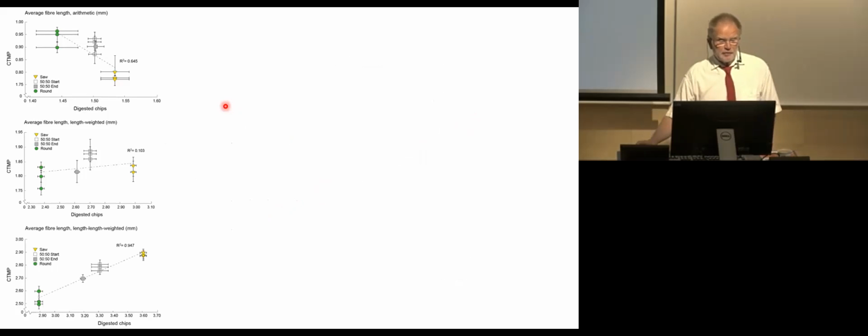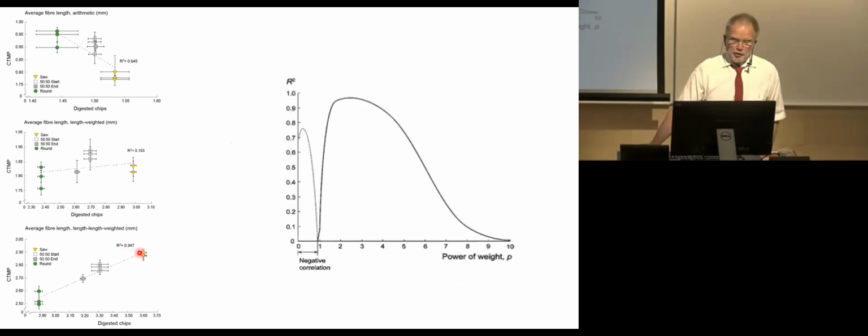So we can look at the R-square values here. Here it's almost 0.95. So we can draw a graph like this. Here you have what weight you put on the longer fibers, and here you have the R-square value. And you can see in the beginning, we have a rather good correlation. However, it's a negative correlation.